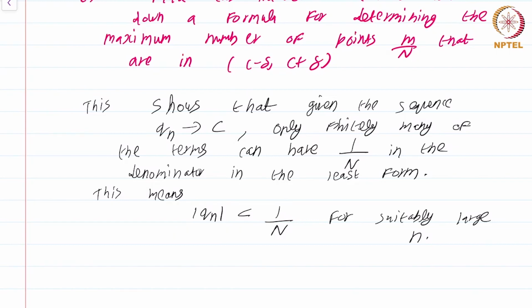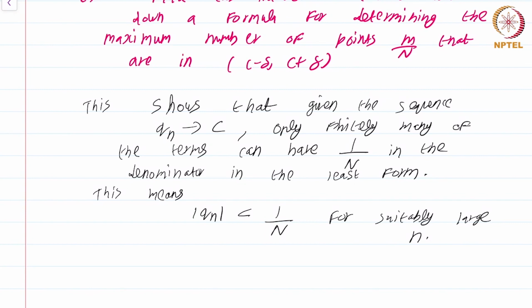There are only finitely many rational numbers which have 1, 2, 3, 4, ... capital N in the denominator. If you choose a small enough neighborhood around this point C, then none of those rational numbers can be in this small enough neighborhood. Then Qn's are all going to be in this small neighborhood around this point C, and none of them can have the denominator of the form capital N, capital N minus 1, ... 1. That means the denominator has to be greater than n.